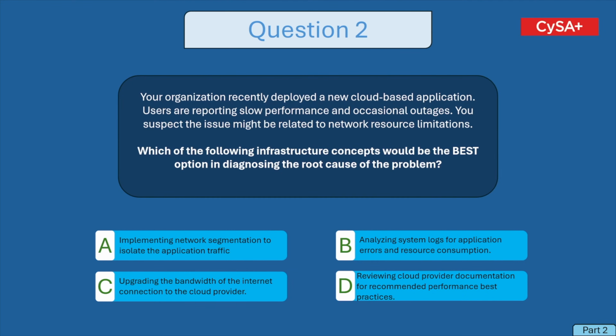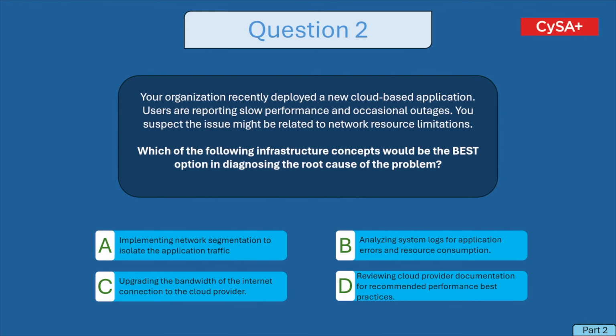Question 2. Your organization recently deployed a new cloud-based application. Users are reporting slow performance and occasional outages. You suspect the issue might be related to network resource limitations. Which of the following infrastructure concepts would be the best option in diagnosing the root cause of the problem?